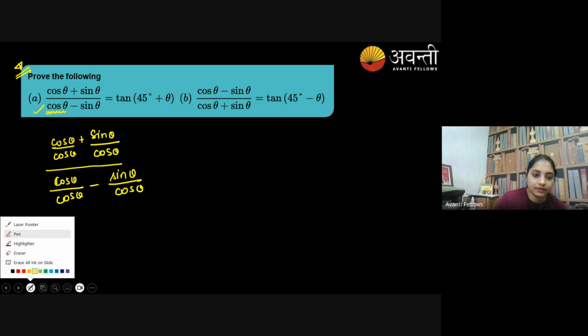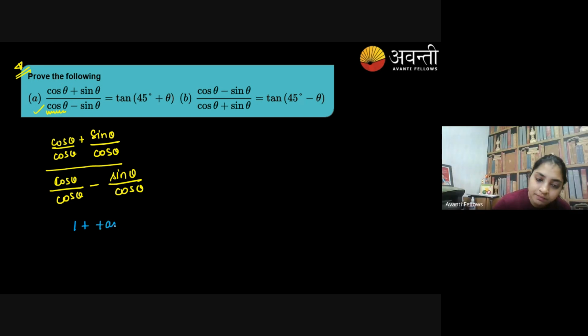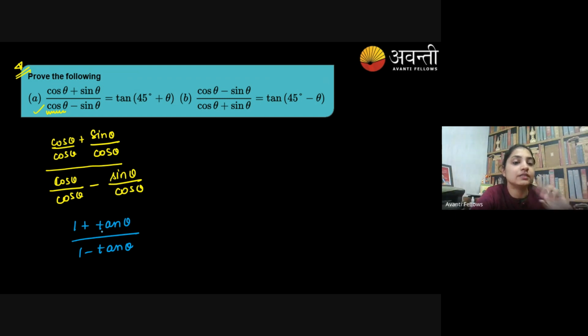Shall I repeat? Okay. 1 plus tan theta, 1 minus tan theta. What I said now: whenever you find a relation between cos and sine, and the same relation looks like only a change in sign, you take the first term in the denominator and divide the whole expression by that. Make it 1. You need to make it 1.